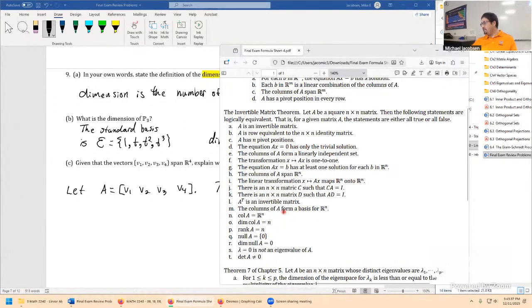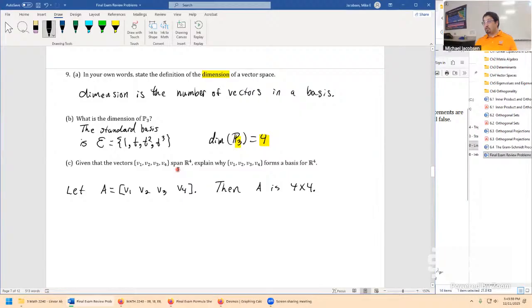And lo and behold, in the invertible matrix theorem, spanning is logically equivalent to the columns forming a basis. So the moment we know it spans, it's also linearly independent automatically. That's just a different statement up here, linearly independent set. But that's the punchline. It's just a basis as long as it spans. So knowing just spanning with 4 vectors, or just linearly independent with 4 vectors exactly, that's enough to tell you it's a basis.